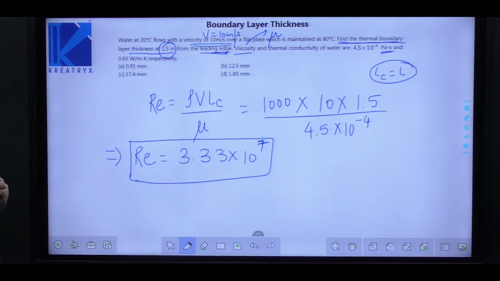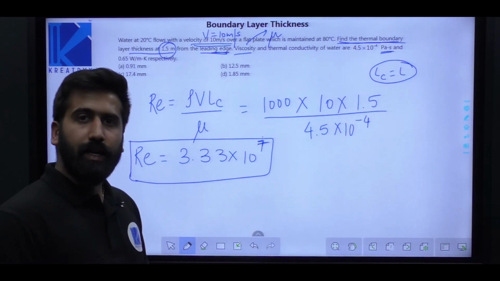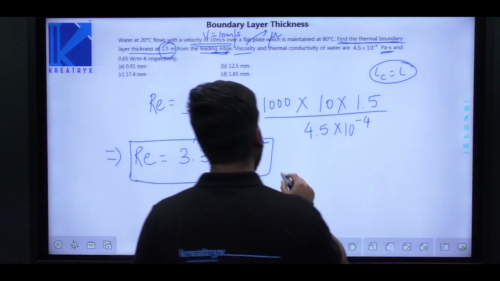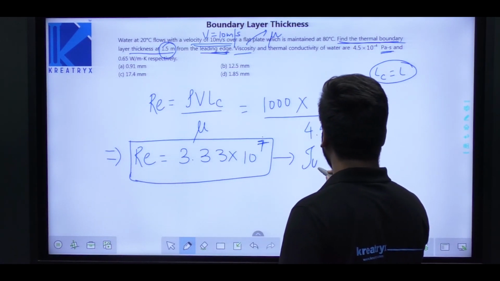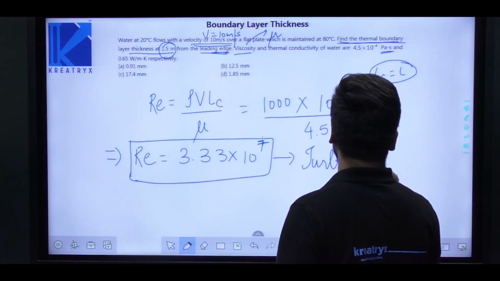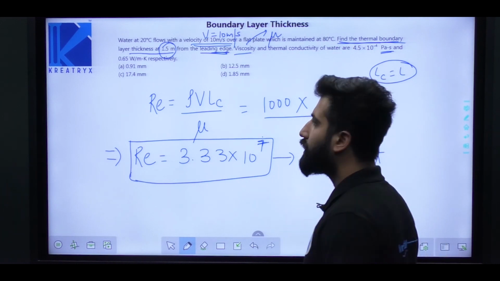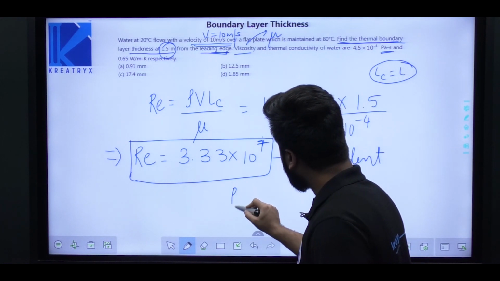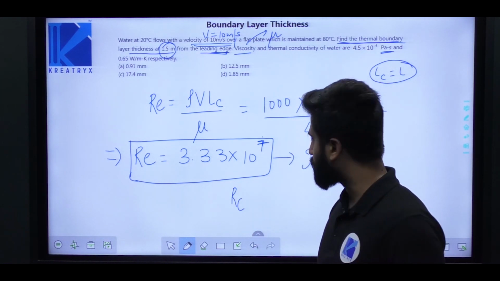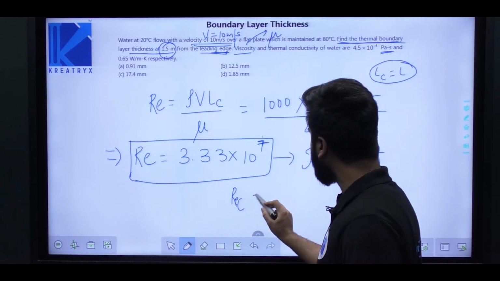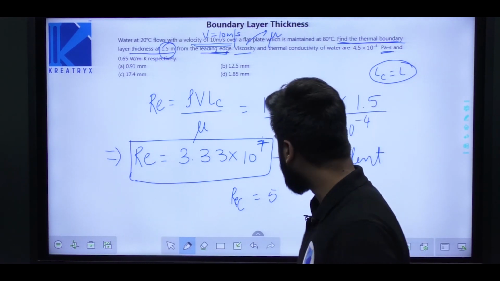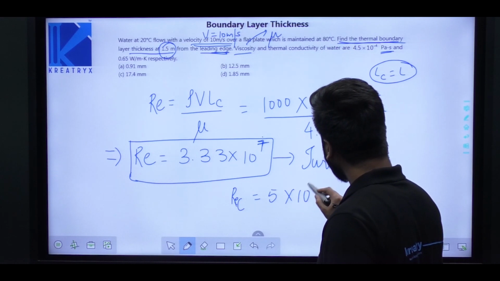So what this states is that the flow is turbulent. Why? Because the critical Reynolds number, Rec, where the transition from laminar flow to turbulent flow occurs, is 5 into 10 to the power 5.